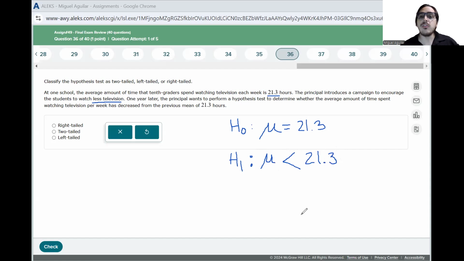So if you think about this as a normal distribution, and we think about the mean as being right in the middle of the distribution, the area to the left is going to be less than the mean. So just using that logic, this should be a left-tailed test, because we suspect that after implementing this program, students will watch less TV, so that value 21.3 might go down to the left.